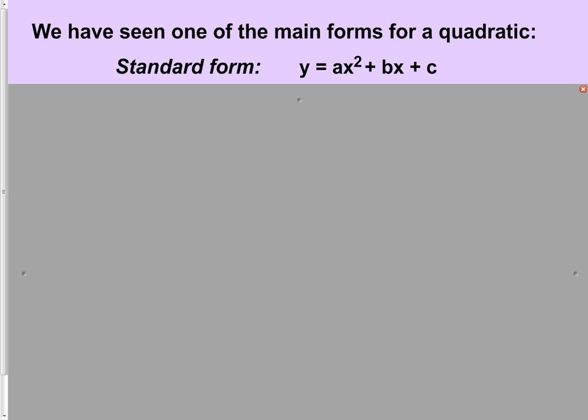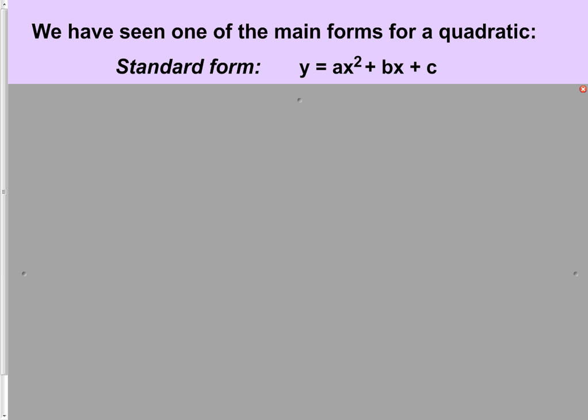We should be familiar with the format that is on the screen right now. This is one of the main forms for a quadratic, and this is what we call standard form. Standard form is a generic term, and typically what it means is all of the pertinent variables are on one side of the equal sign. As I've suggested before, the x-axis in mathematics is the one that is truly important.